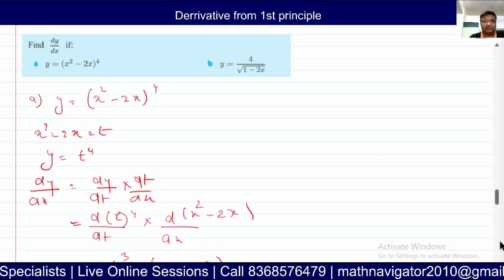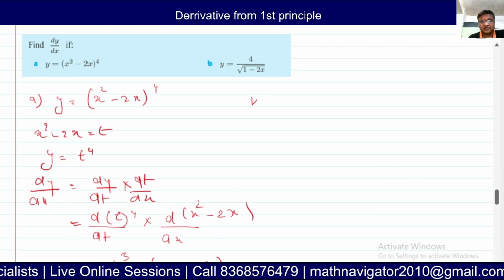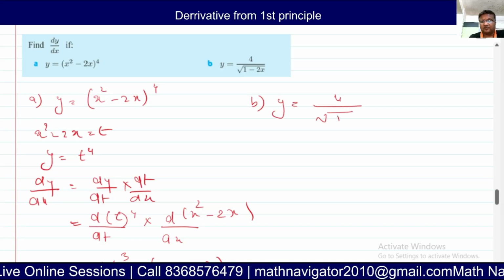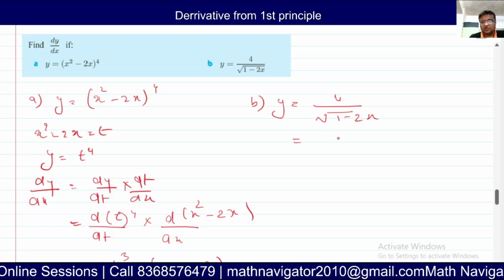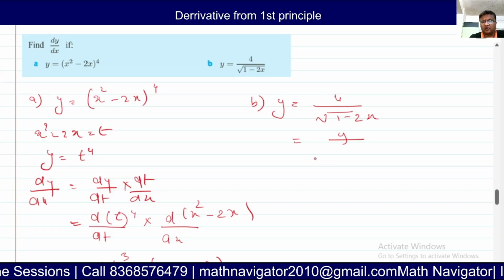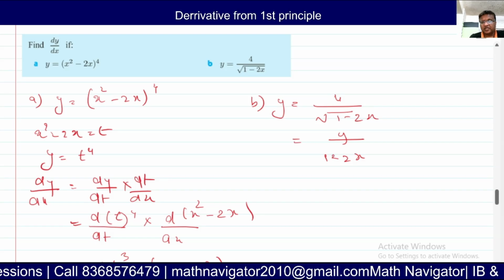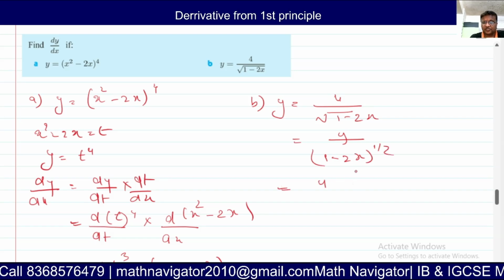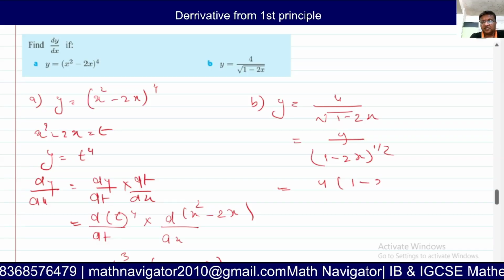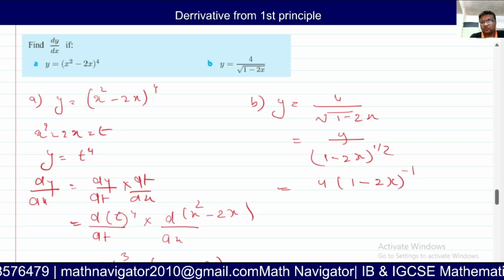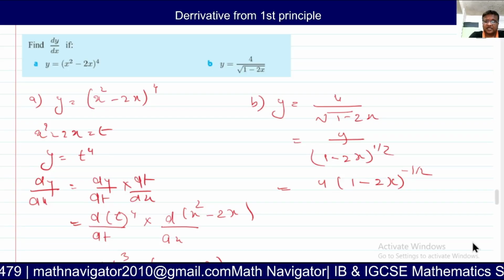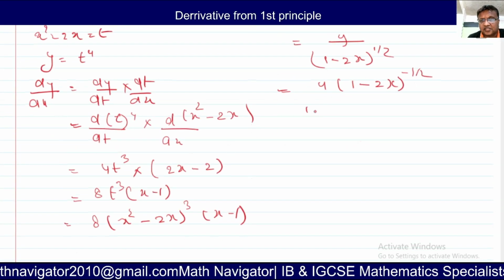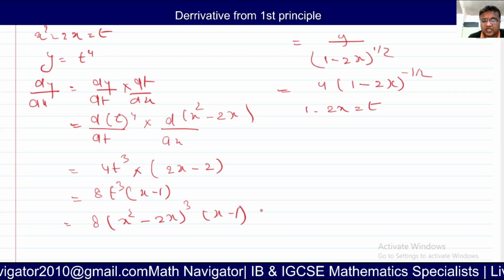Let's do this B part. So y is equal to 4 over under root of 1 minus 2x. I can write it as y is 4 over (1 minus 2x) whole to the half. So 4 times (1 minus 2x) whole to the negative half, right? So let's take 1 minus 2x as t. So 1 minus 2x is equal to t.